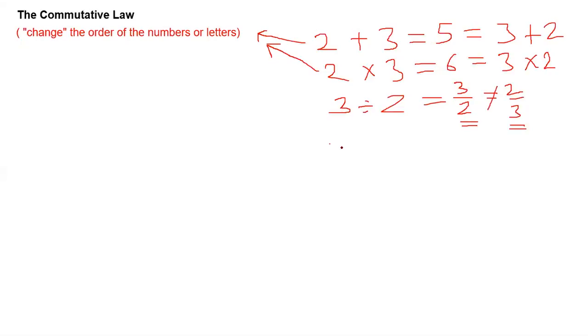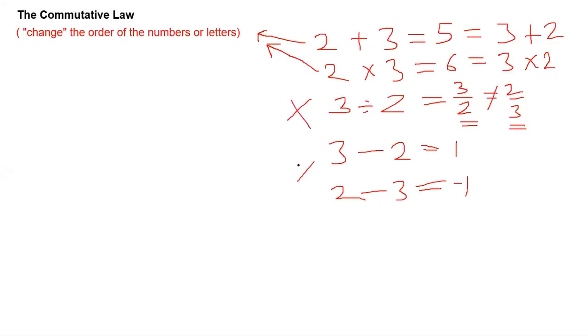Same applies when you have 3 minus 2 and 2 minus 3. We've just swapped them. Commutative is basically just about swapping the numbers without changing the operation. So when you have 3 minus 2, you get 1. 2 minus 3, you get negative 1. Are these two answers the same? If they are not, then subtraction is also not commutative.